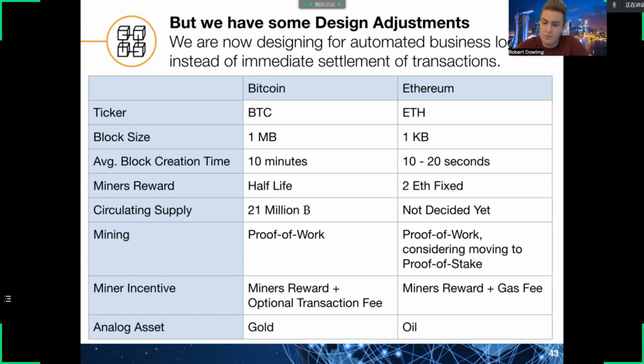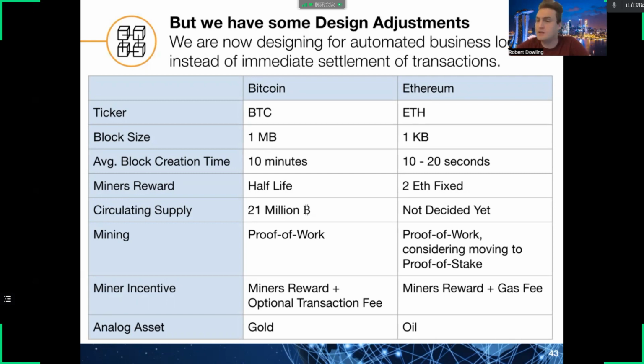And more or less the reason for this is, and by the way, Bitcoin has no transaction fees, although you can opt to pay a transaction fee if you want miners to include your transaction more quickly. Ethereum has a gas fee. And the reason for this is, Bitcoin's analog asset is more like cash or gold.